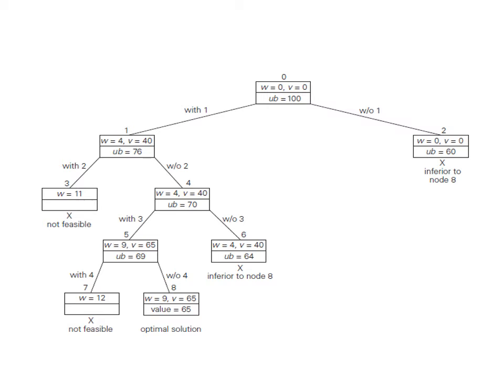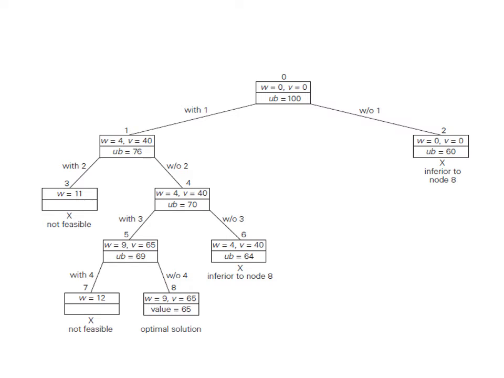Next we have to draw the state space tree. First we draw the root node which represents the initial condition. Here the initial condition is that we are not considering any item, so small w equals 0 and small v equals 0, because we are not going to place any item in our knapsack. With these values we have to calculate the upper bound.